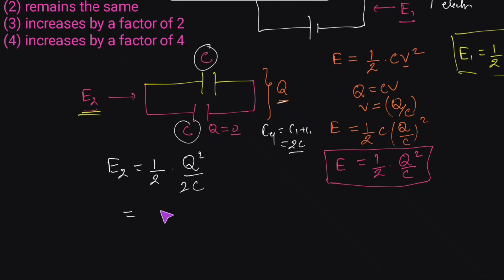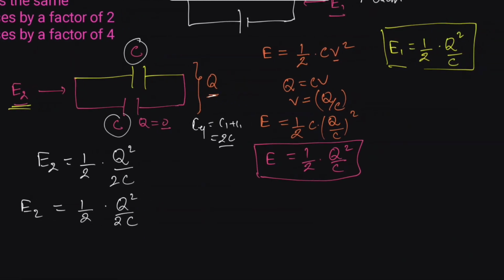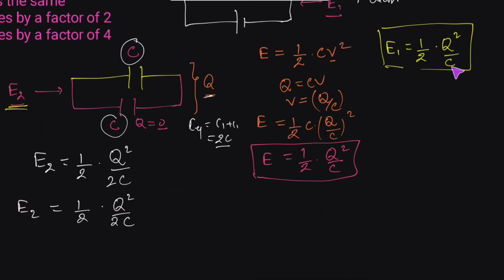So from here E2 will be half Q squared over 2C. And we know that half Q squared by C is E1. So in place of this I can write E1. So from here what I can derive is that E2 is equal to half times E1, because this term is nothing but E1.